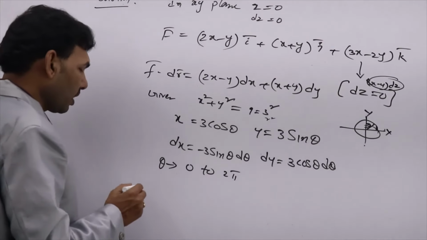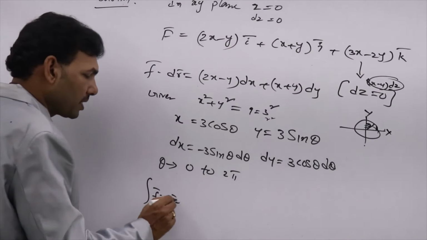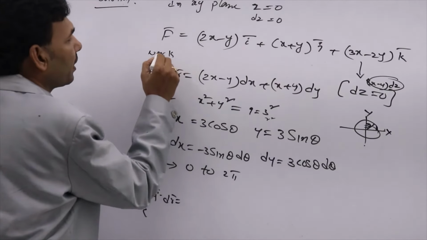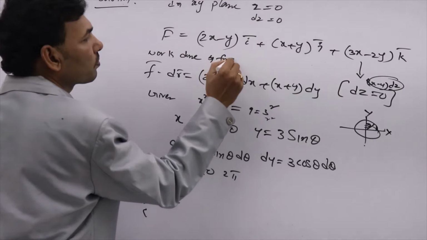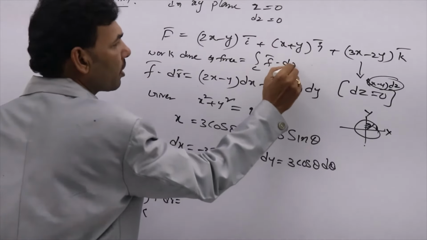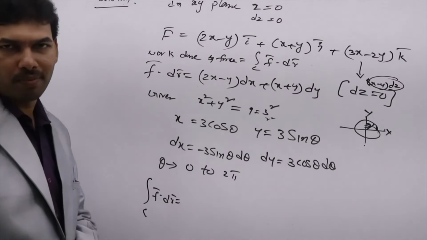The work done by the force is the integral over C of F bar dot dr bar. This we need to evaluate, and for that we have written F bar dot dr bar.